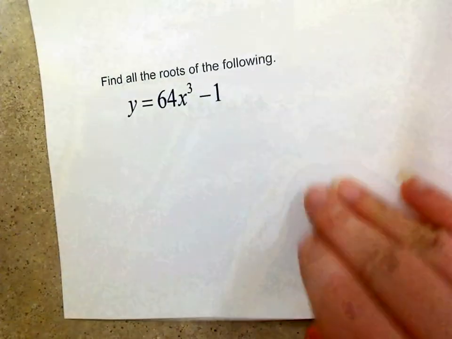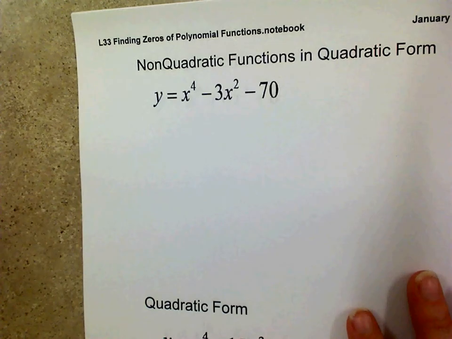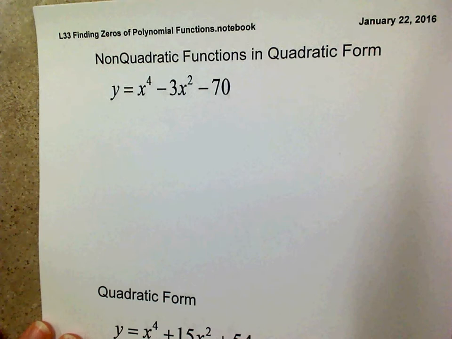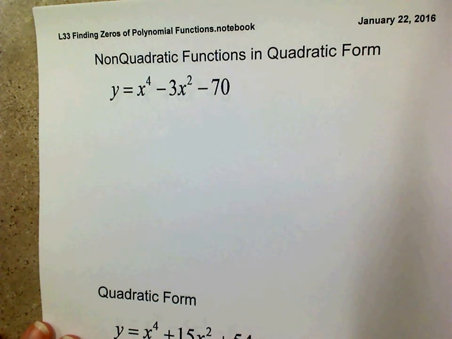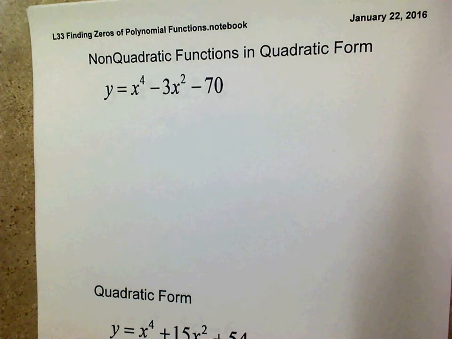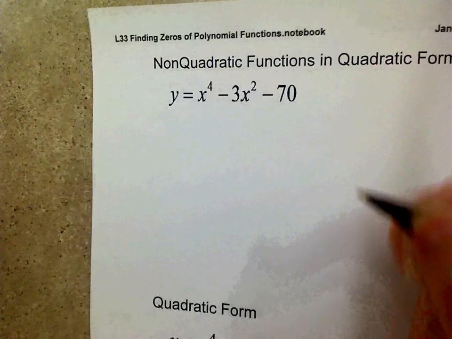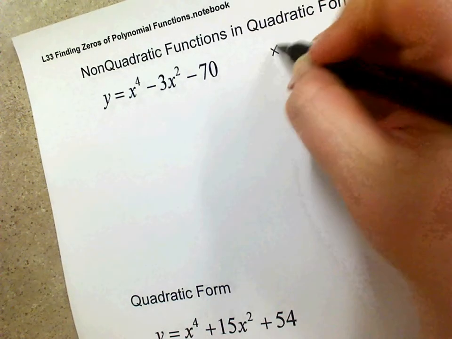Okay. So write down, what we're doing is non-quadratic functions, but in quadratic form. Okay? So write down y equals x to the fourth minus 3x squared minus 70. When I'm looking at this right here, this looks very similar to this.